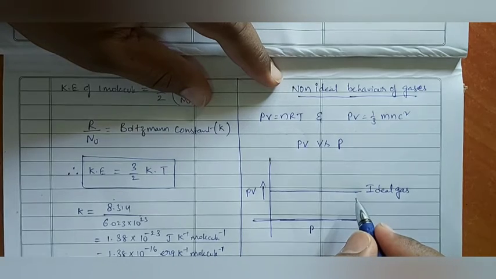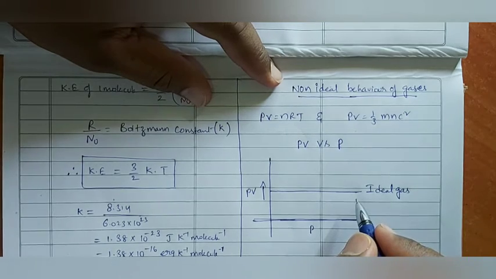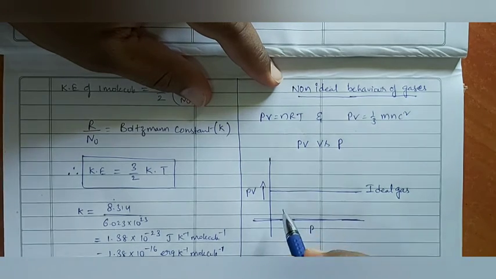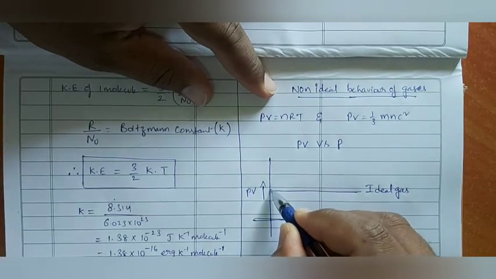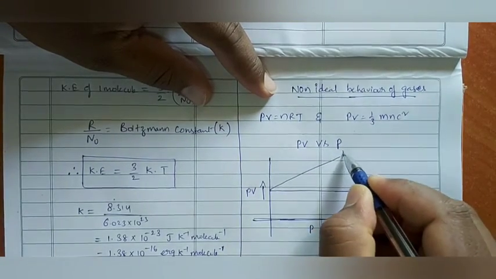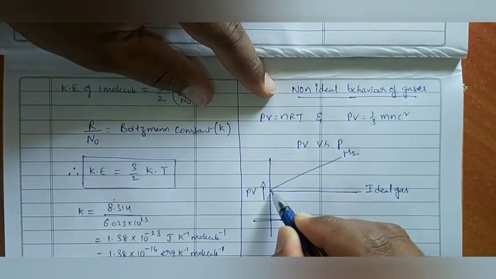But in our nature, ideal gases are not there, so they will show some deviation from ideal gas. So if you draw curves for different gases here, they will not get a straight line. How do they get? Let us see. This is the curve for hydrogen gas.